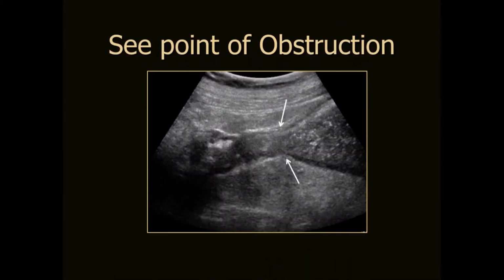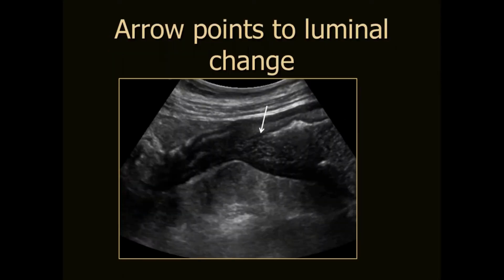Now, so we come to this point of obstruction, and then we try to evaluate this in greater detail. And so here, as was pointed out very nicely in the first presentation, we might alter our transducer. We might go from a lower to a higher frequency transducer, and we're trying, of course, to show the change of the bowel at that point.